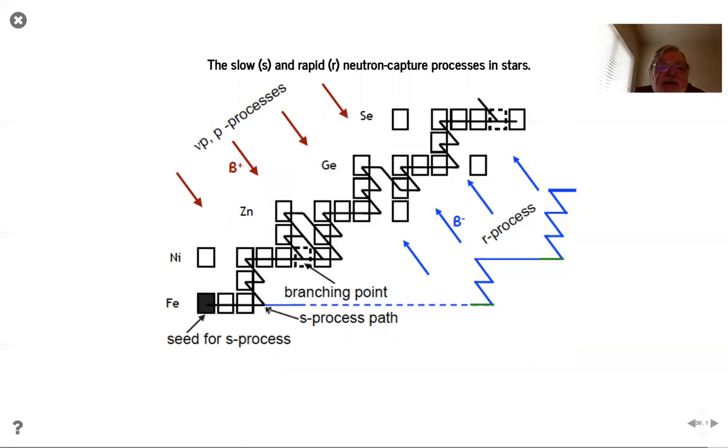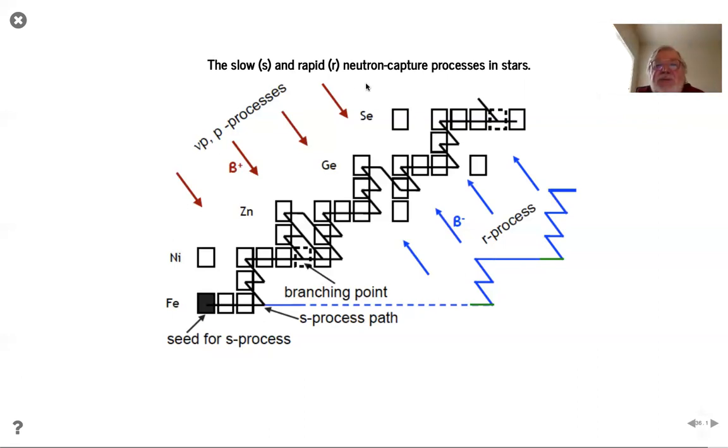It moves to the right until the first unstable isotope is met. As soon as it is met, it decays into an isotope with a number of protons larger by 1. Then this isotope captures a neutron, and as soon as it reaches the first unstable isotope, it decays, and so on. This black line shows the path of the s-process.